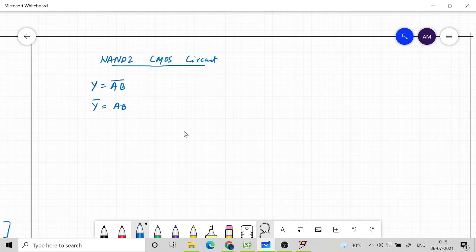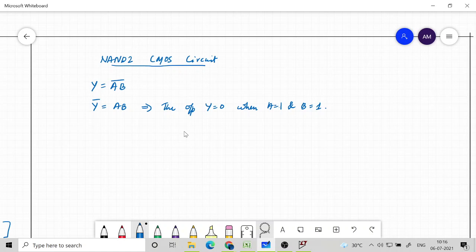So the output Y should be equal to 0 when A equal to 1 and B equal to 1.